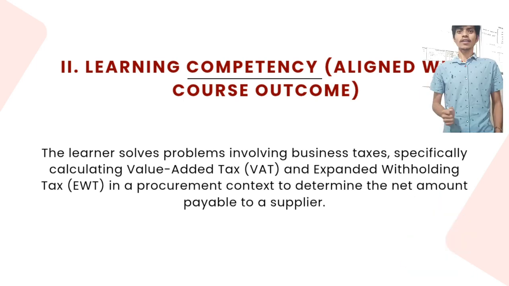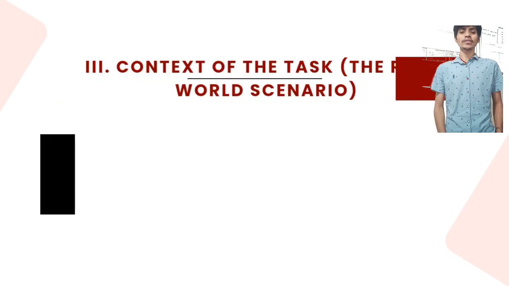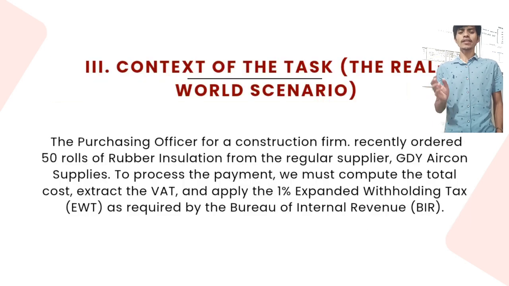Then the context of the task is a real world scenario. In my work, the purchasing officer for a construction firm recently ordered, for example, 50 rolls of rubber insulation from the regular supplier, GDY.